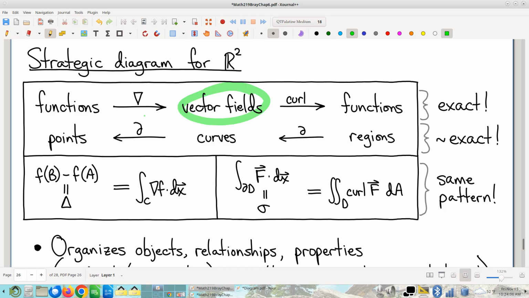What's our domain over which we do 1-dimensional integrals of vector fields? Well, we do such integrals over curves, right? Oriented curves. And then, this isn't really an integral, but in some sense you can always plug points into functions, and there is a sense in which you could stretch the definition of an integral, and in a certain sense of the word it kind of is, but let's not worry about that.